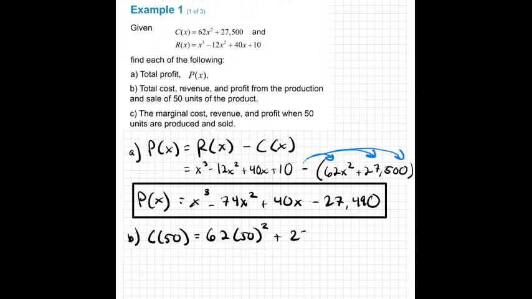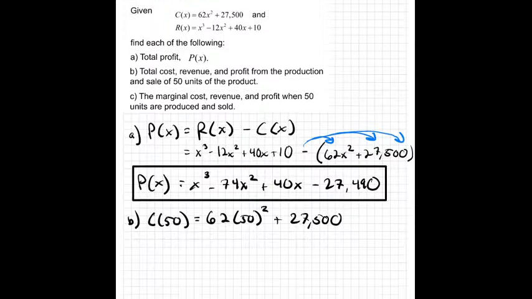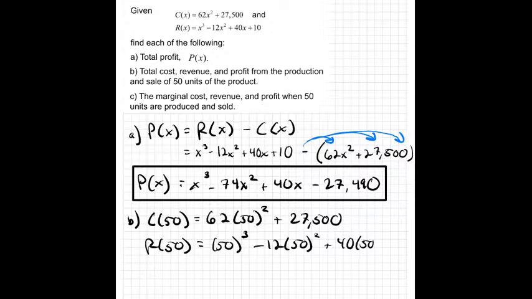R of 50 is going to be 50 cubed minus 12 times 50 squared plus 40 times 50 plus 10. And then for the profit, we can just subtract those results.